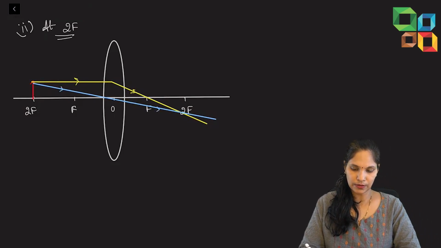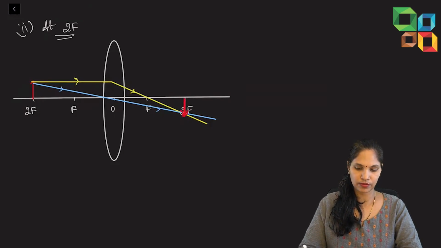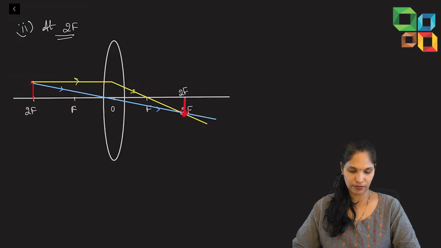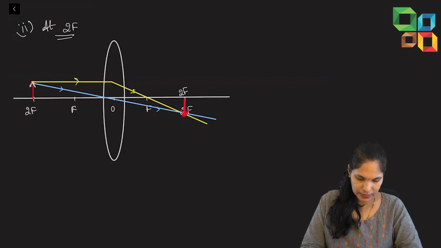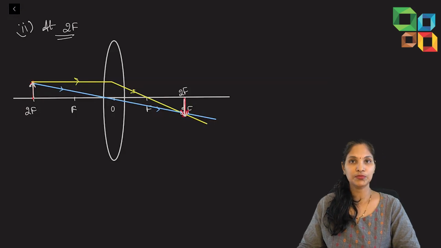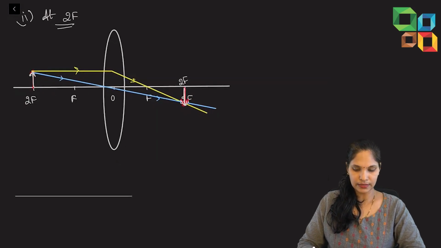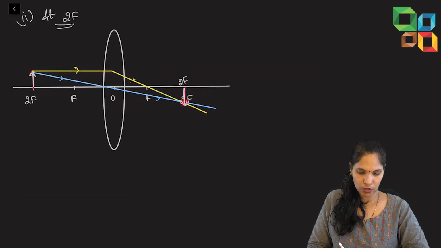So if you see here, the two rays are meeting at this point. So you can see you're getting the image here itself. At what point you're getting the image? At 2f itself. And if you observe the size of the object and the size of the image, they seem to be the same.